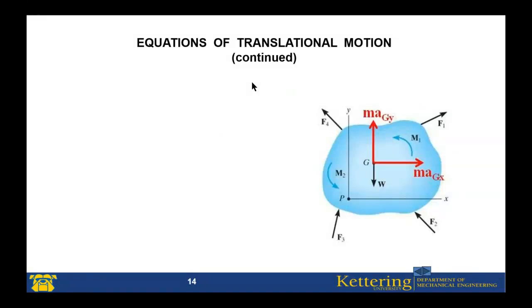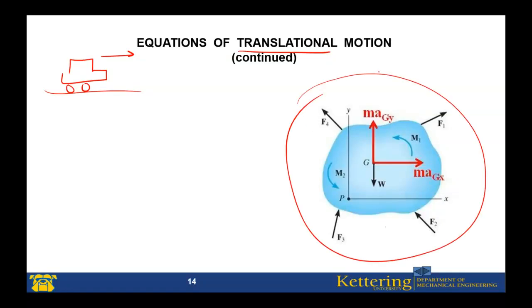What does it mean? It means that, for example, there's a car moving to the right. This is an example of a rigid body that has a translational motion. Now, for this car, how can we write the equation of motion?